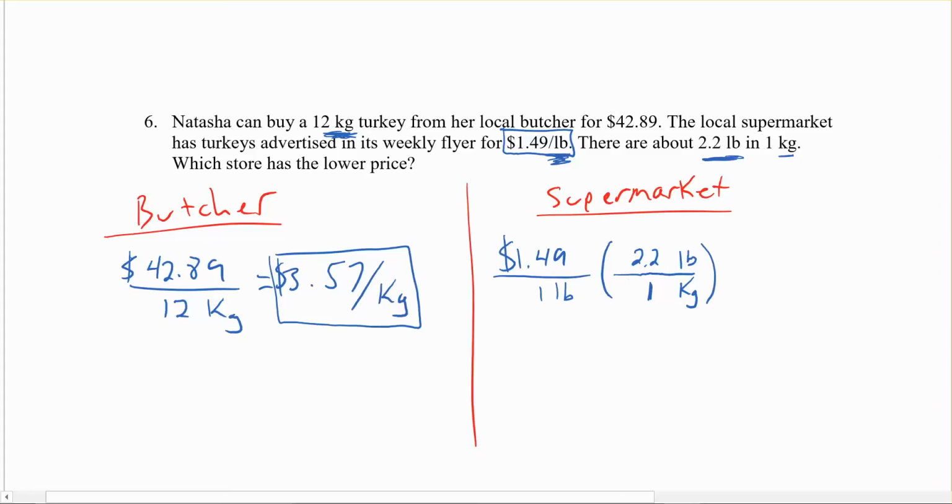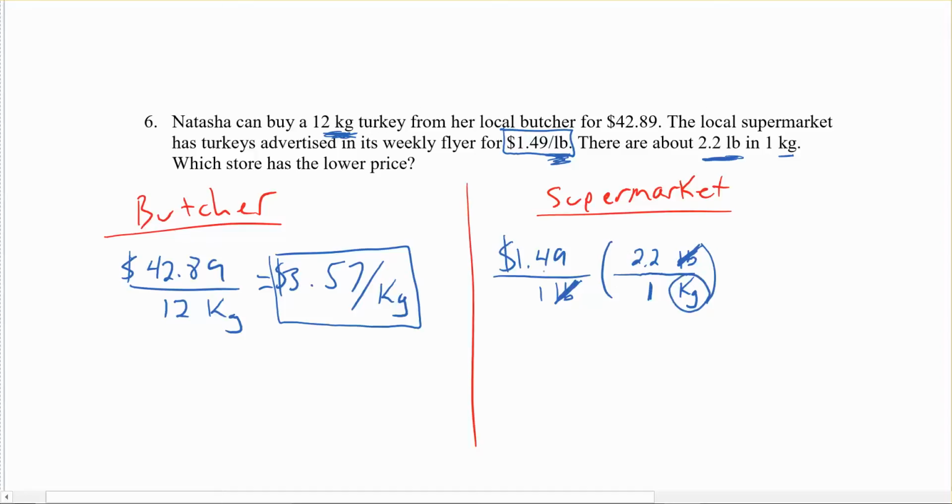The reason I put the pounds on top and not the kilograms is that if I look at my units, I've got pounds on the top of the equation and pounds on the bottom of the equation. So now I can cancel pounds on the top with pounds on the bottom. If I multiply 1.49 times 2.2, I'm left with kilograms on the bottom.